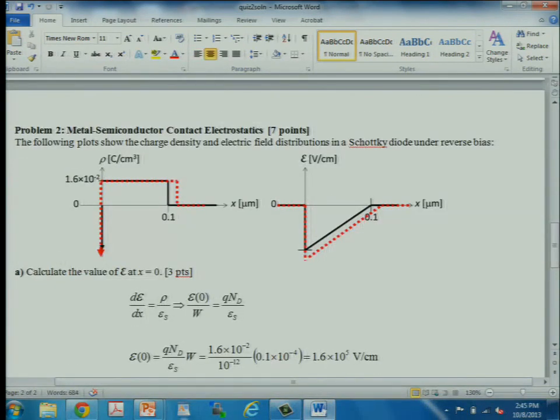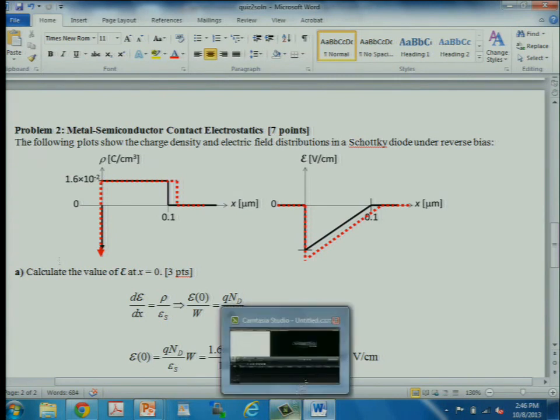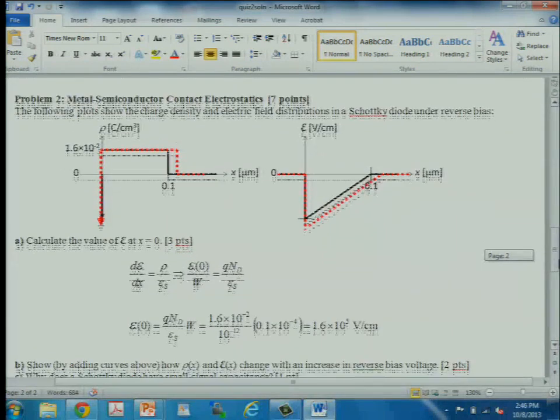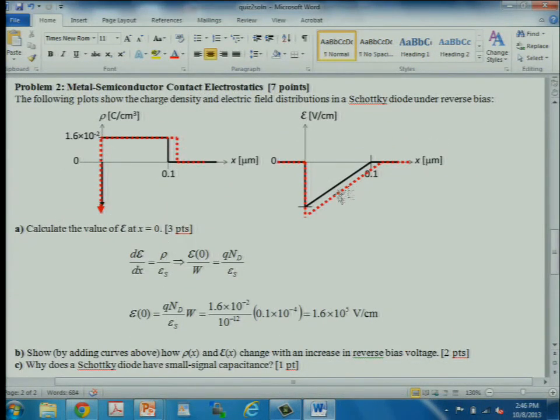Okay, this one is just electrostatics. So hopefully you know that with increasing reverse bias, you have to have more potential voltage dropped in the silicon. So you need to have a wider depletion region. So that's the key thing here with part B, with the red dashed lines. The key thing I'm looking for is a wider depletion region, and that the slope over here stays the same because the dopant concentration is not changing with the bias.